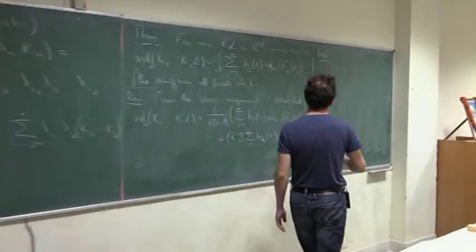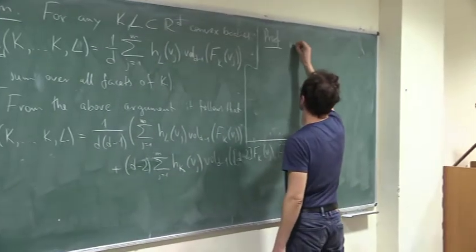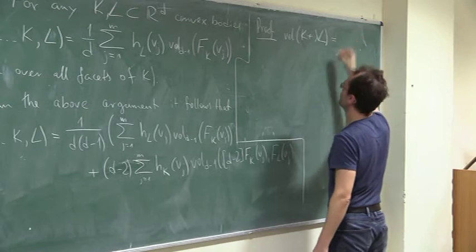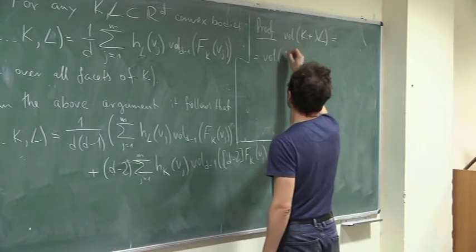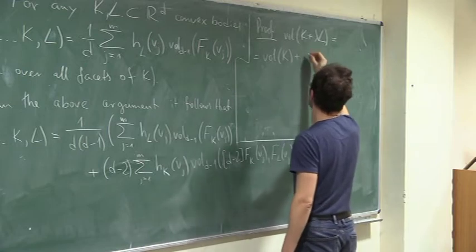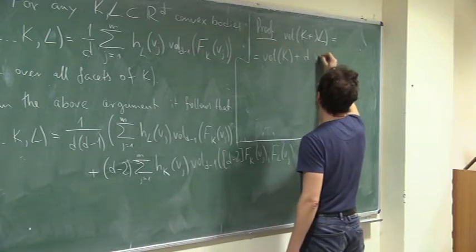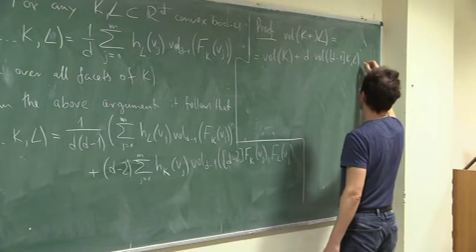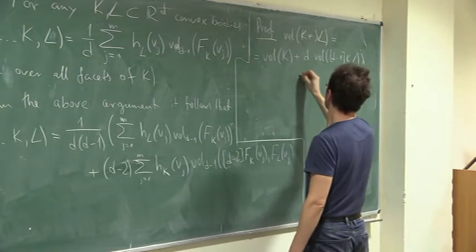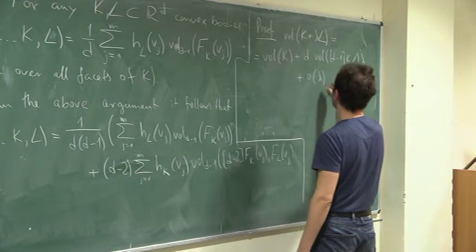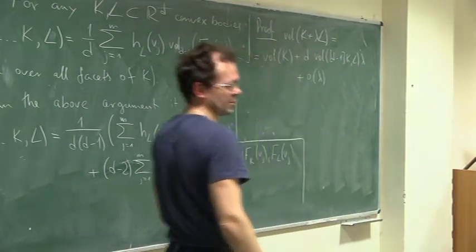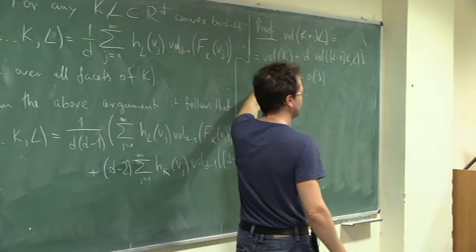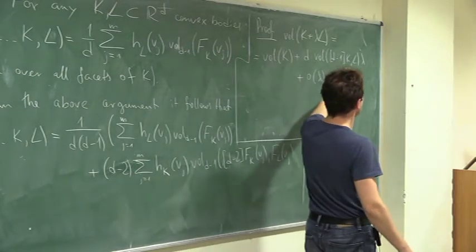Yes, what we have is the volume of K plus lambda L is equal to the volume of K plus d times the mixed volume of d minus 1 copies of K and 1 copy of L times lambda, plus o small of lambda. So that's just the mixed volume, this expansion of the volume, right? Here I have written the volume of K, and here it's the volume of K, L.